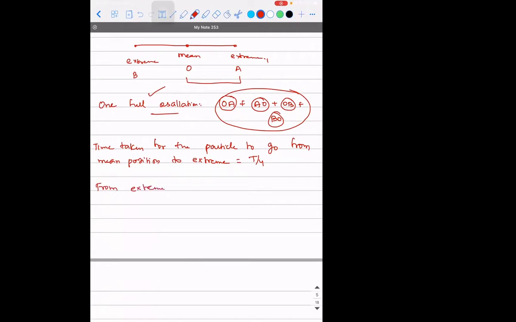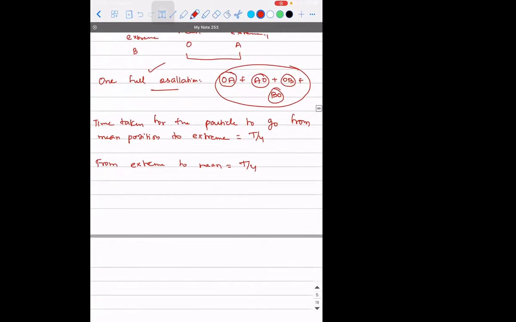From extreme to mean will be how much? Also T by 4.